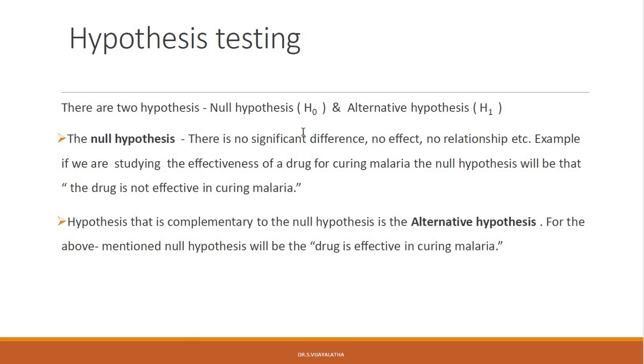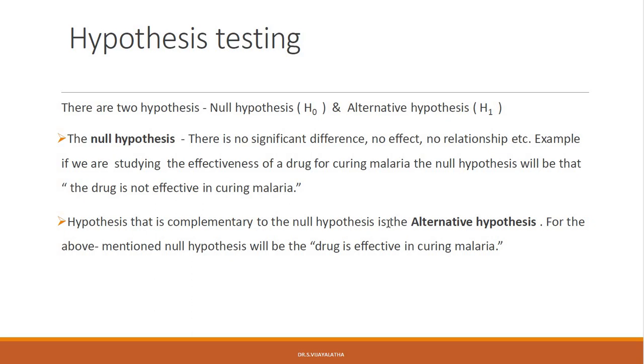According to the null hypothesis, the statement is always that there is no significant difference, no effect, no relationship, etc. So, for the above hypothesis, we will state that a high protein diet does not result in weight gain. Complementary to the null hypothesis, we have an alternative hypothesis statement which states that the high protein diet can result in weight gain.